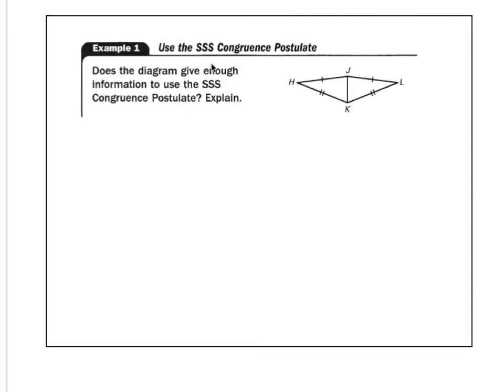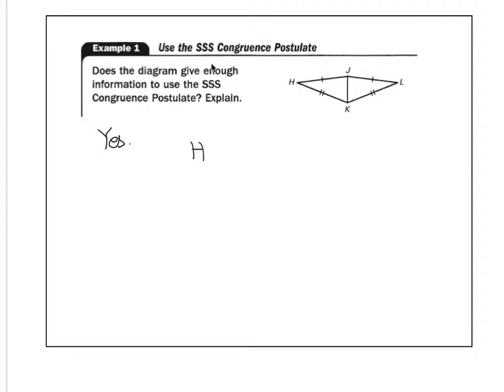Okay. Let's use SSS to help us. Does the diagram give enough information to use the SSS congruence postulate? The answer is yes. Why? Because in order to have SSS, I have to have three sides be congruent to the three sides in the second triangle.